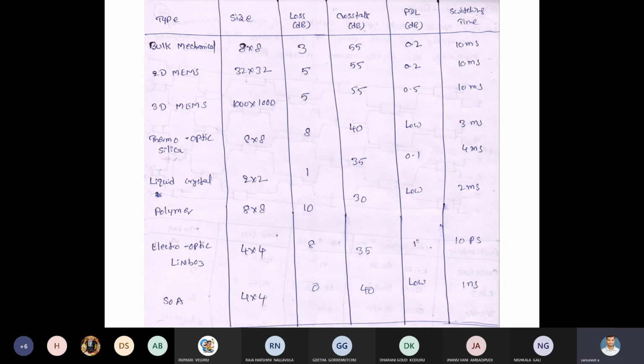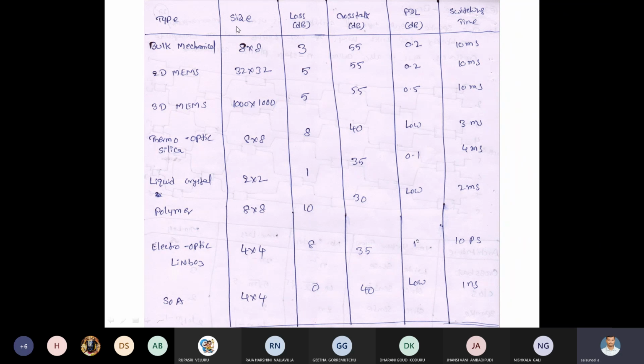Next, what are the different technologies we discussed? The different types of technologies are bulk mechanical, 2-dimensional MEMS, 3-dimensional MEMS, thermo-optic silica, liquid crystal display, polymers, electro-optic, LiNbO3, and semiconductor optical amplifier SOA.